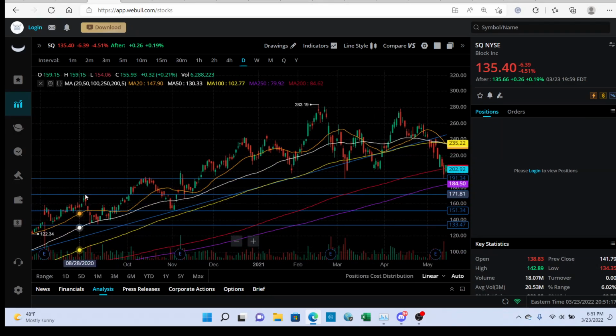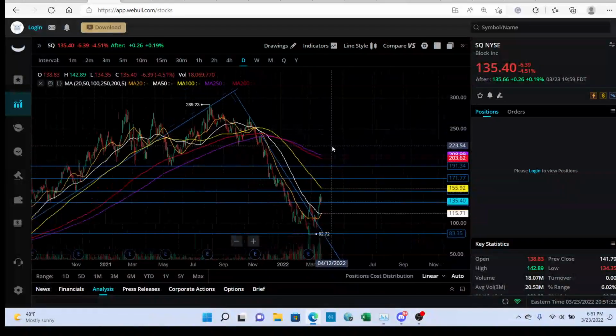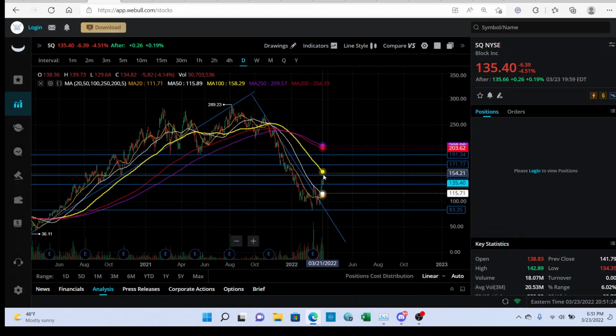Resistance, support. So in the shorter term, if we break above the 100-day, I think we could get to 170. And then we'll debate if we could get any further than that once we get there.